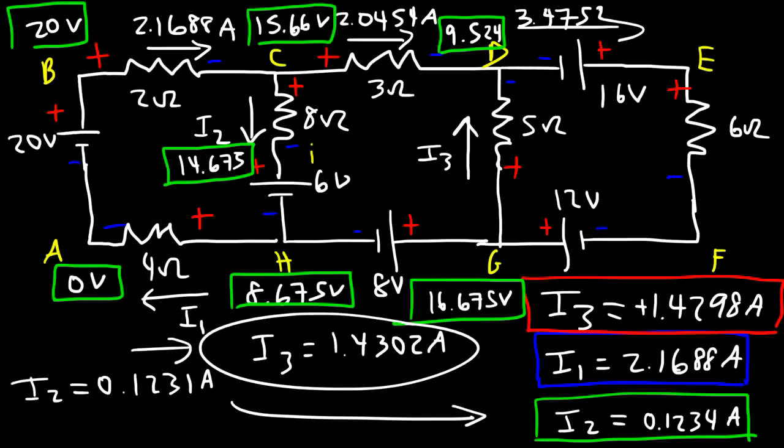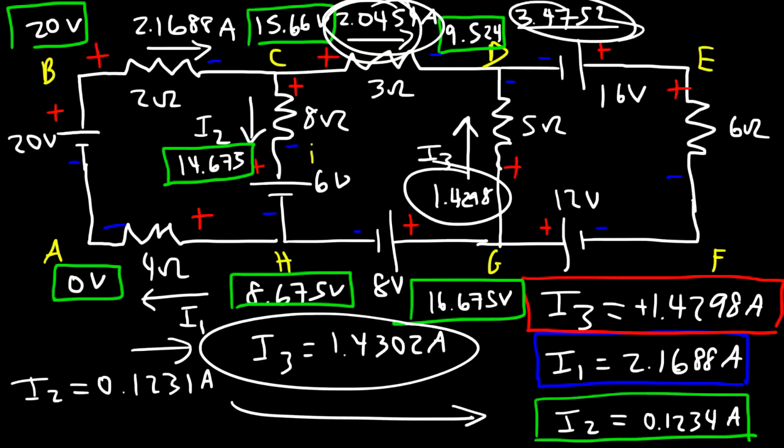Now let's confirm the current flowing through this resistor, which should equal this number. Because if you think about it, I3 is 1.4298, and we have this current, which is 2.0454. So these two currents should add up to this one.